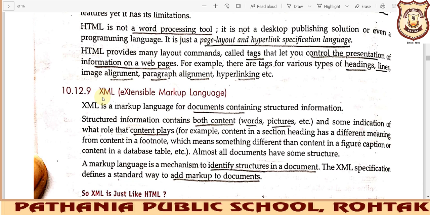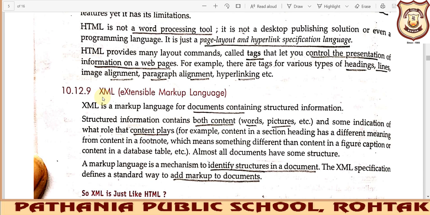How to display is handled by something like CSS or HTML, but XML is just focusing on the content part, that is, what we want to display. Formatting features are not included in XML, but in HTML we have tags which help us do the formatting also.